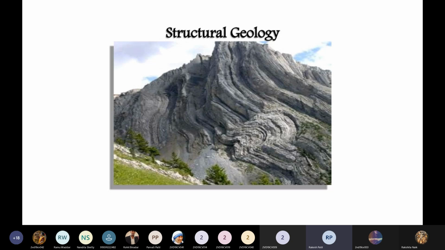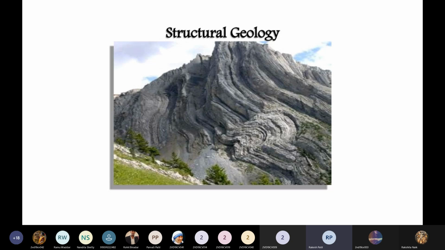My slides are visible? Yes, sir. You can see here bendings. Just imagine on these bendings, if you don't study structural geology, the movement of the bend happens again after some years. So what will happen if you construct on this particular region?